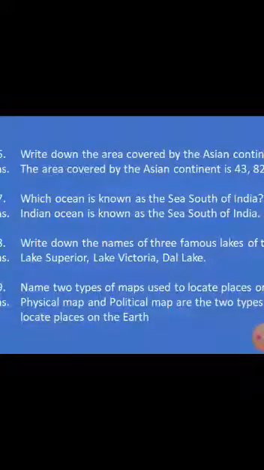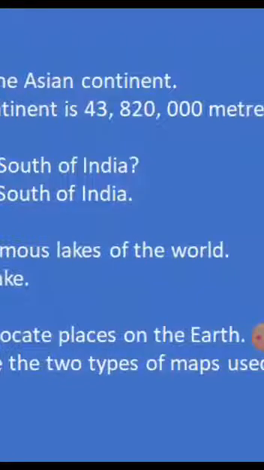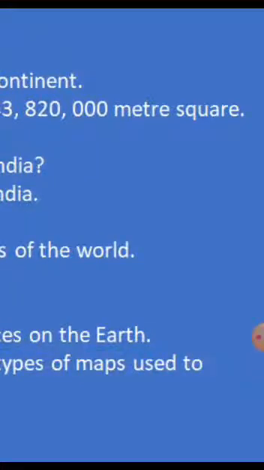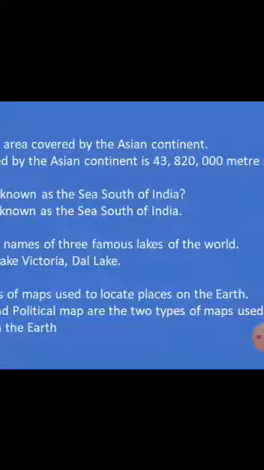The area covered by the Asian continent is 4 crore 38 lakh 20,000, that is 43,820,000 meter square.